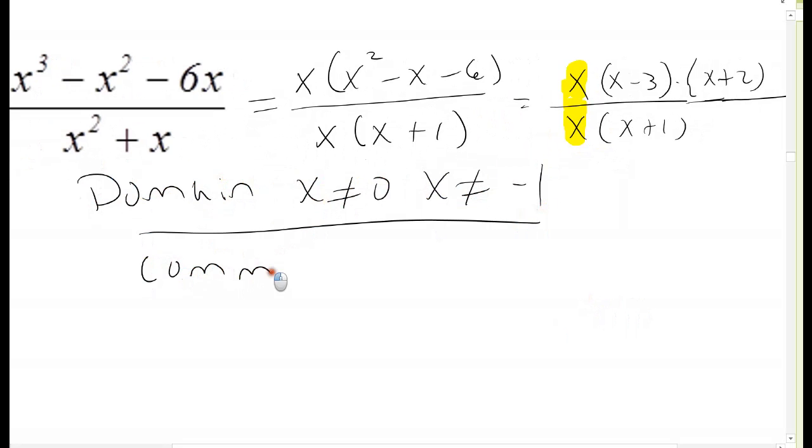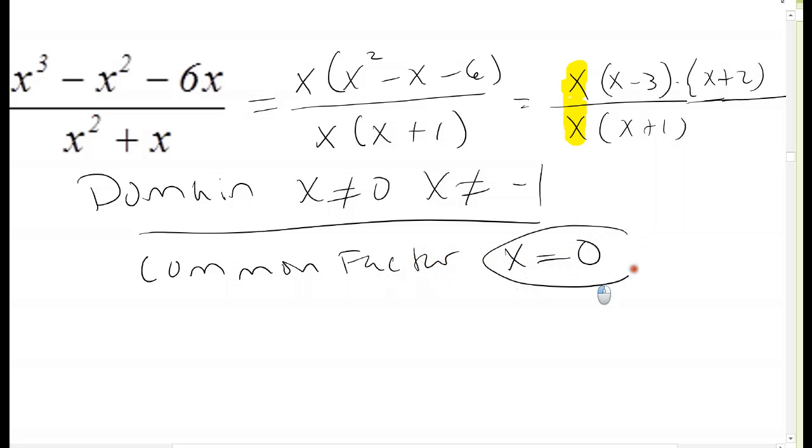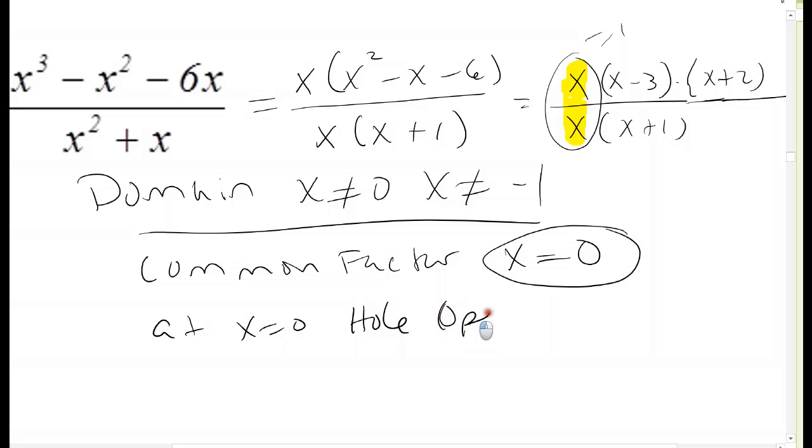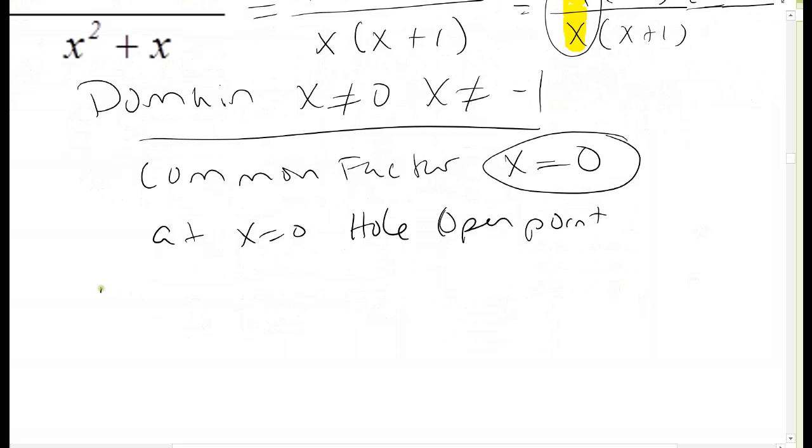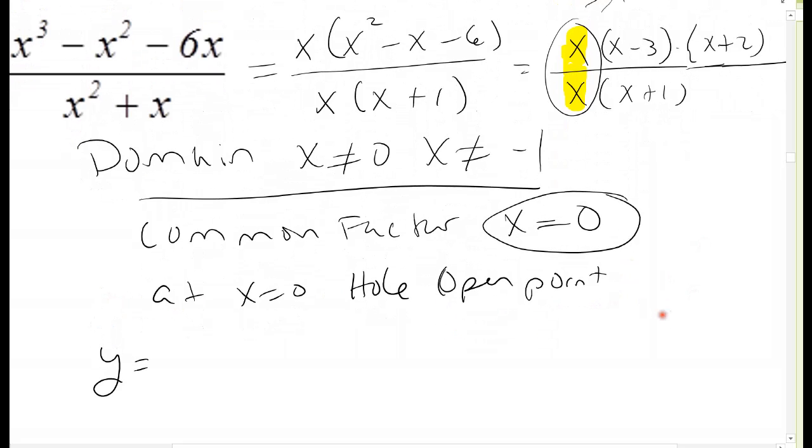I do have a common factor at the 0, right? This is my common factor that reduces to 1. So at x equals 0, we have a hole in the function, which means an open point. And so I find my y value by taking 0 and plugging it into the reduced form.